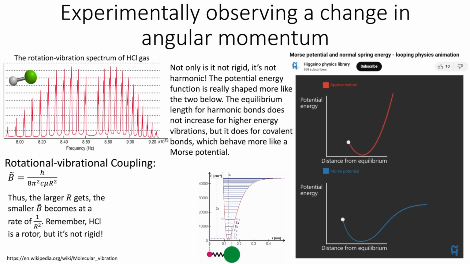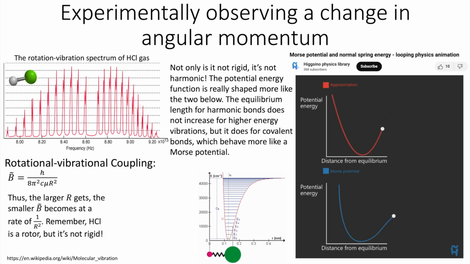It'd be a little bit distorted. You'd see that the right side's actually a little more stretched. It's not quite symmetric, but it's pretty close. But if you go to the higher vibrational states, towards the top, the asymmetry really comes out. So this is known as anharmonicity, not harmonic, and these sorts of behaviors really affect the way bonds vibrate.